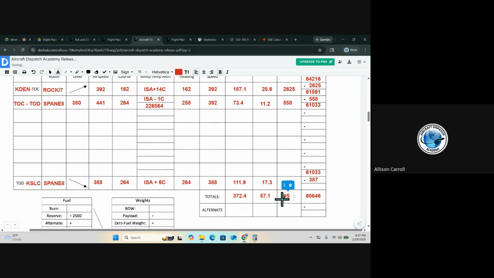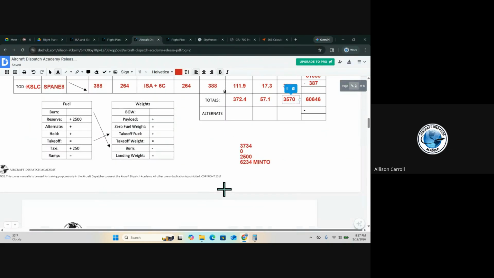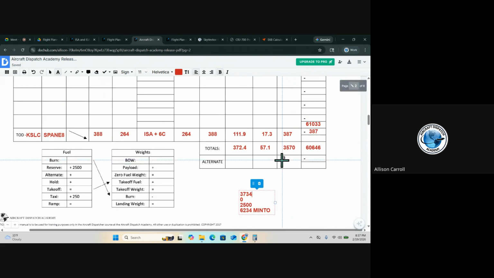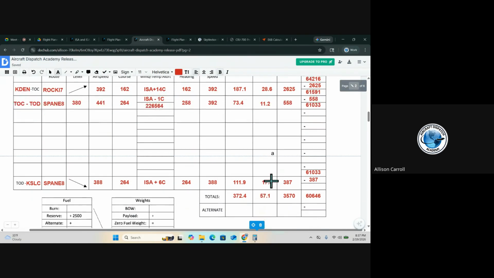3570. All right, remember we did our estimates for our fuel burn. Our estimate was 3734. Our actual fuel burn is 3570. So this is why we do our performance numbers, because we get more accurate time and more accurate fuel burn. Right?